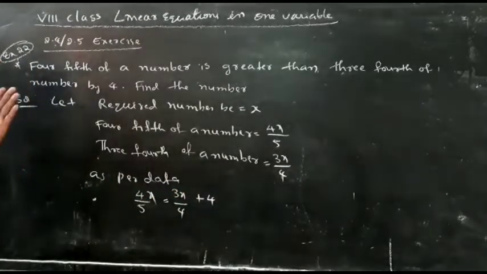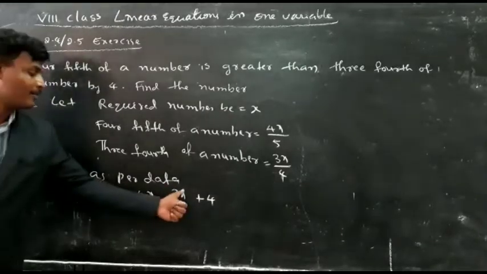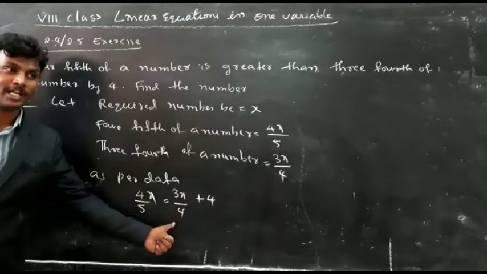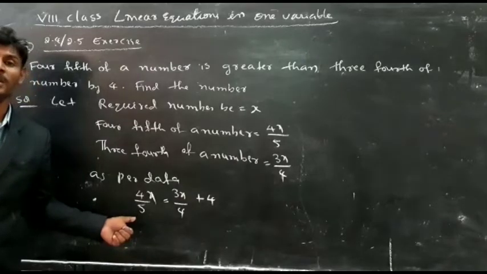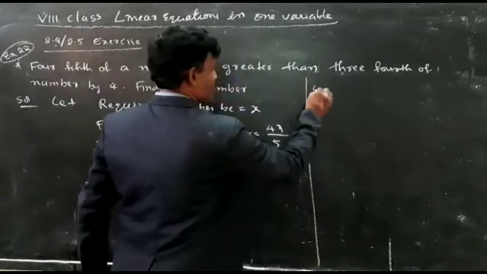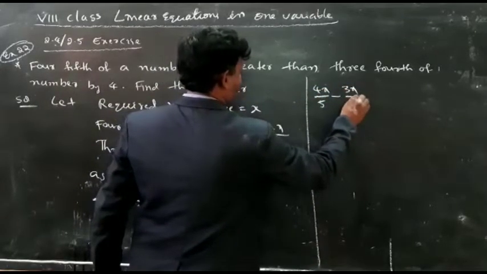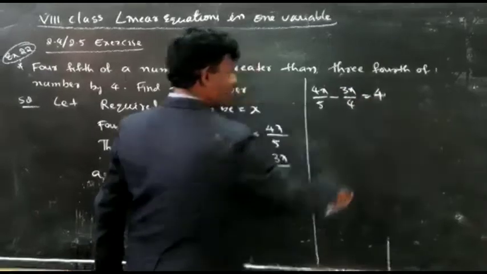Here I am taking like terms to one side. Plus 3x by 4, if I transpose to the left side, becomes a minus quantity. So 4x by 5 minus 3x by 4 is equal to 4.